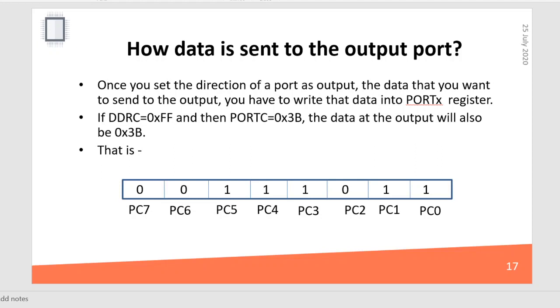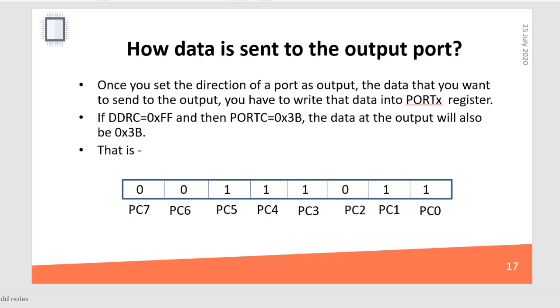All right. So there is a particular way, or a particular instruction, by which the output port takes data from your code. I have said about DDR. So when you are writing DDR, you are just declaring a port as input or output. You are not sending any data.